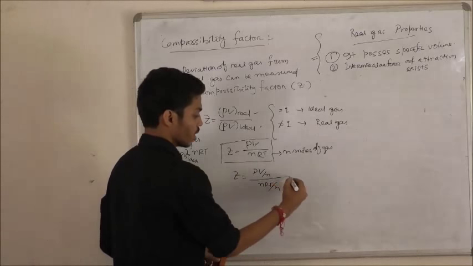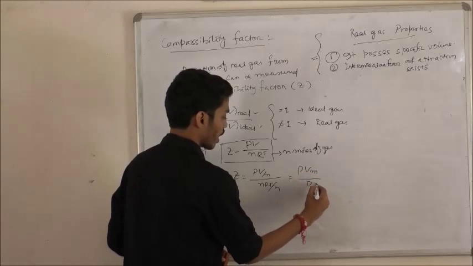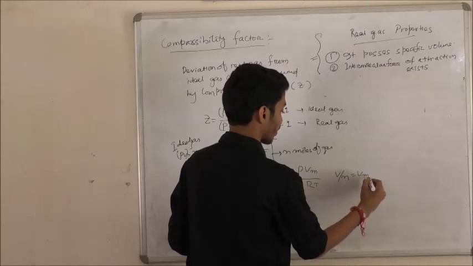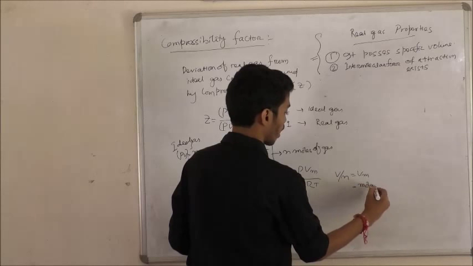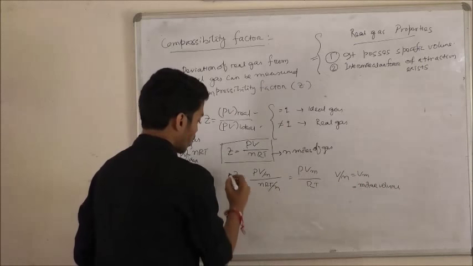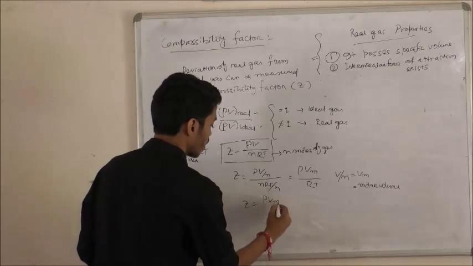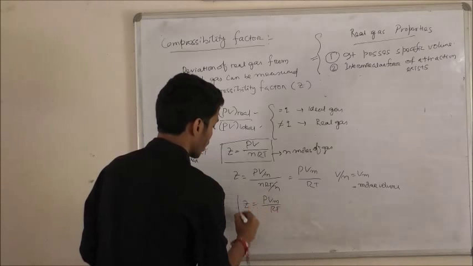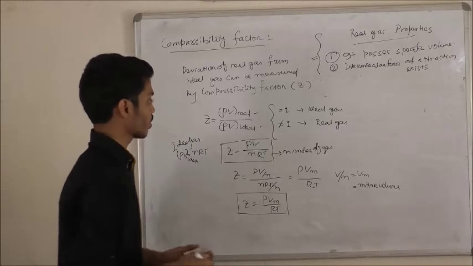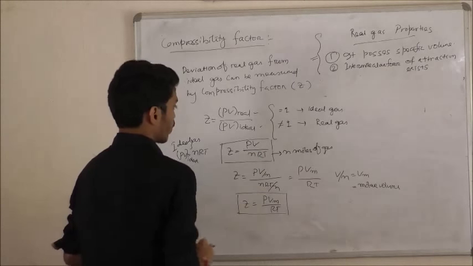So this is PVm and it will be RT, where V by n is equal to Vm, and it is called molar volume. So our Z now becomes PVm by RT, and this is for 1 mole of gas.